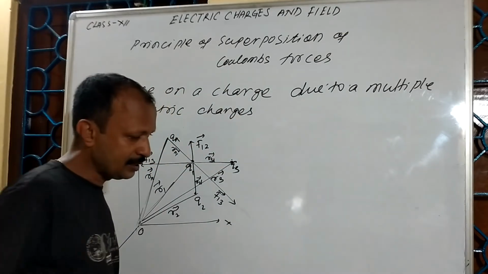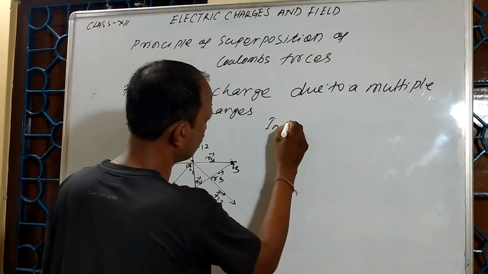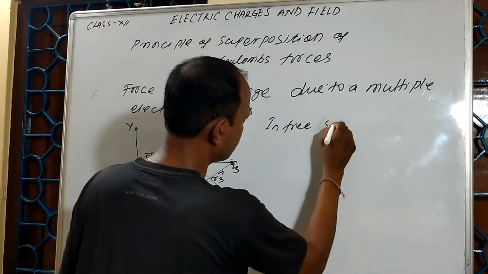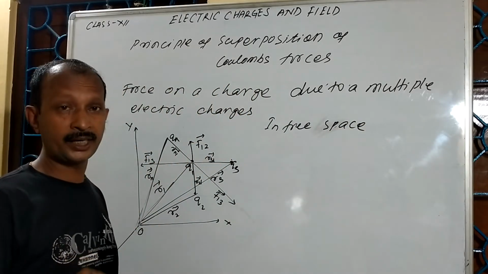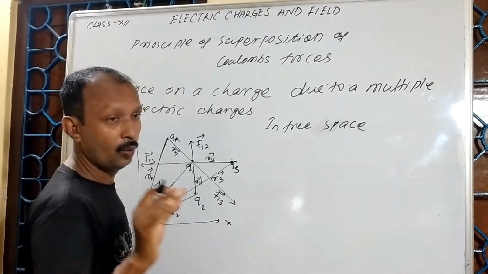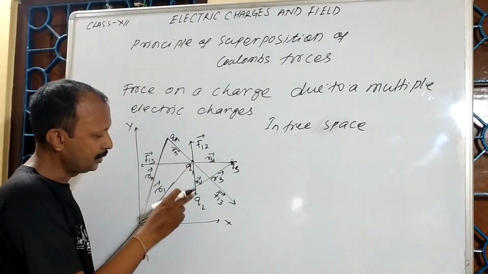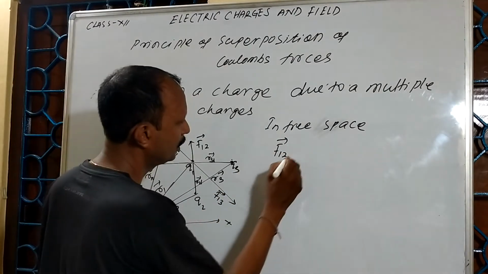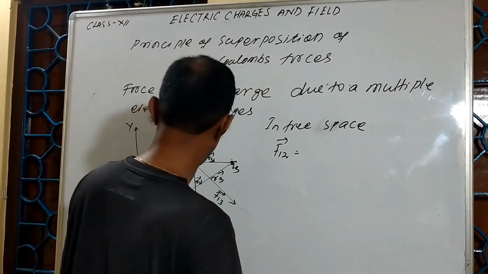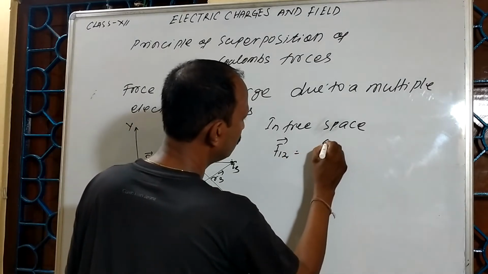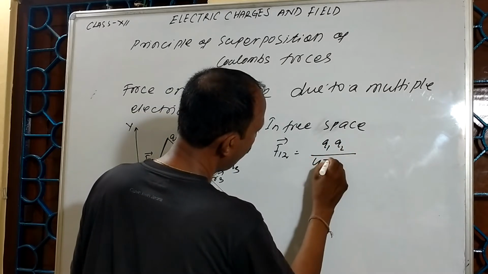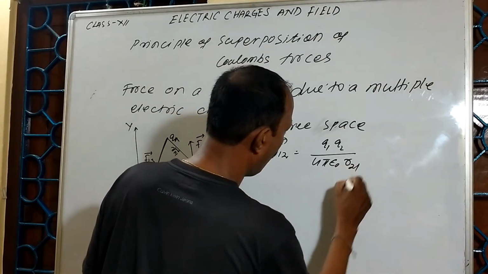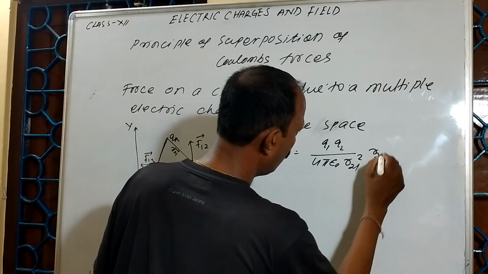Now in this case we'll see that if it is in free space, how much force is acting on the charge q1 by q2, I can write F12 equal to q1 q2 upon 4 pi epsilon naught r21 square, r21 cap.